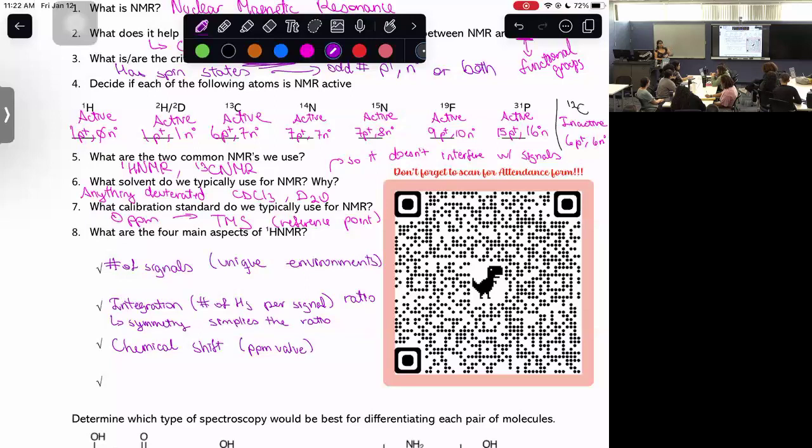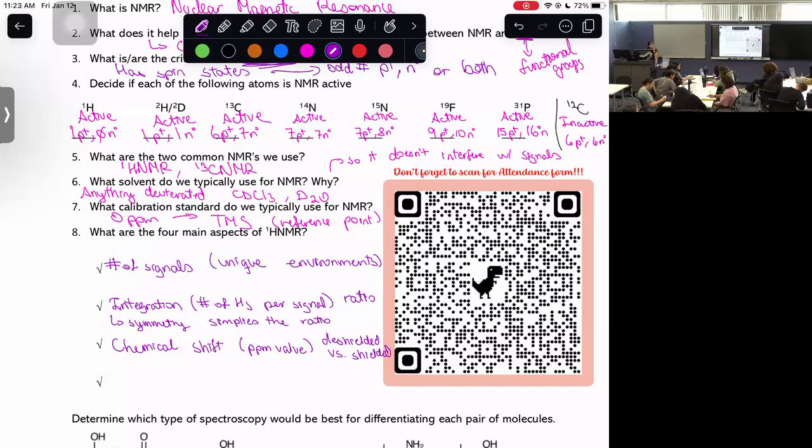What about deshielded? How do we know something is deshielded? It has a higher frequency because it's exposed to something that's very electronegative or electron dense. So it's close to an oxygen, let's say. It's close to a triple bond, double bond, those guys. So let's just write deshielded. This is shielded.